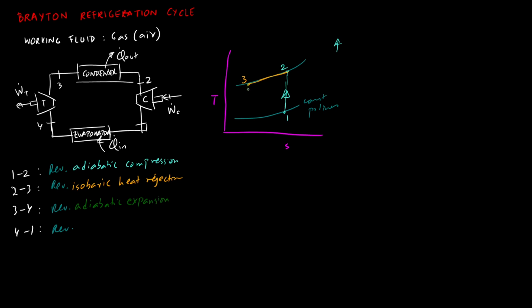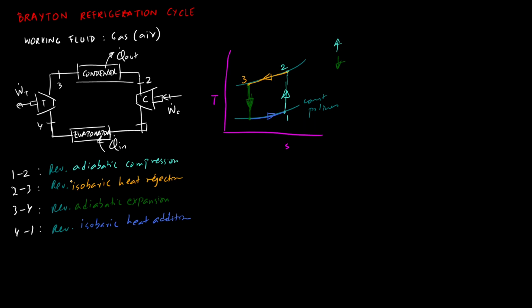So it's going to be 3 to 4 vertically downwards because we're saying it's expansion. Expansion on the TS diagram is vertically downwards, and 4 to 1 then is going to be reversible, again isobaric, heat addition this time because heat is being added into the evaporator, and that's going to complete our cycle.